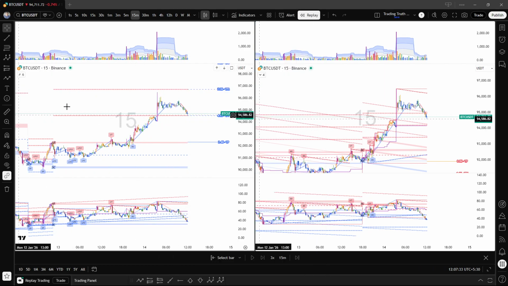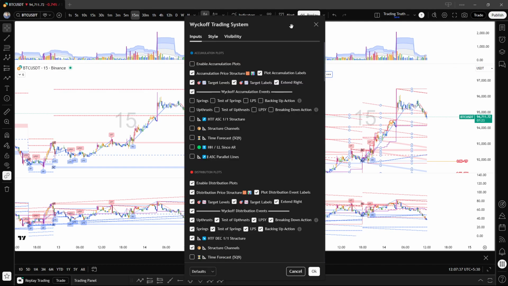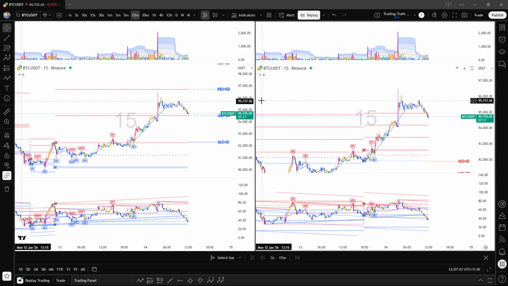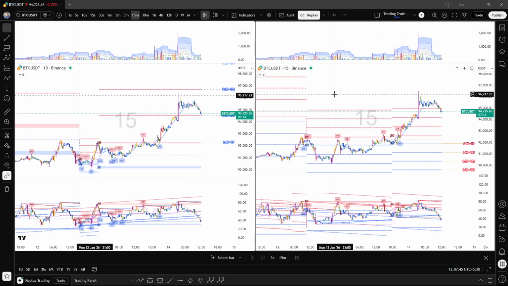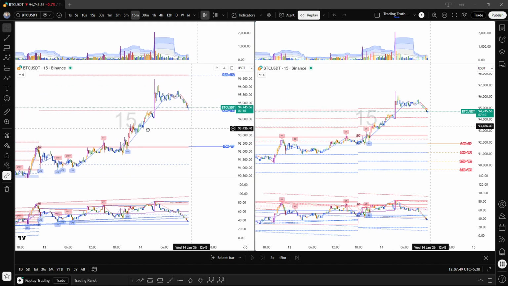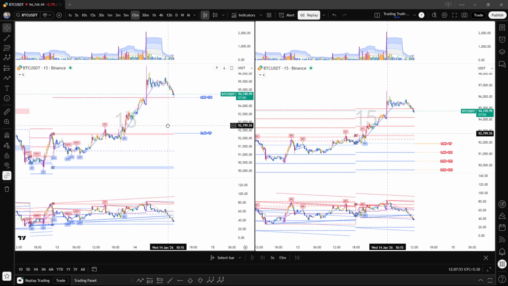Okay, and that's what I'm doing uniquely in this system, to show you that time is the most important factor in predicting the market, or doing anything in the market. Okay, time is more important than price.